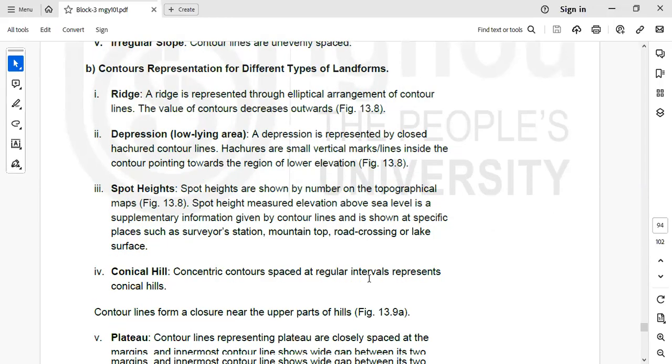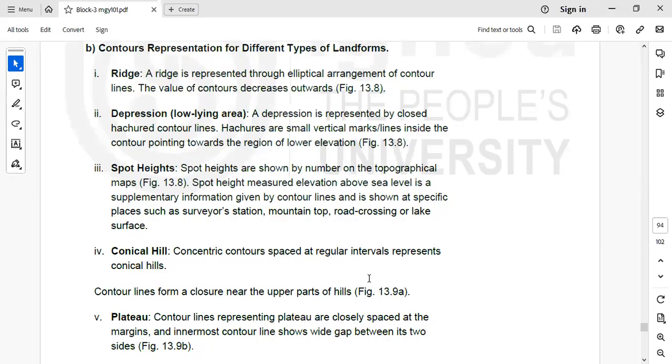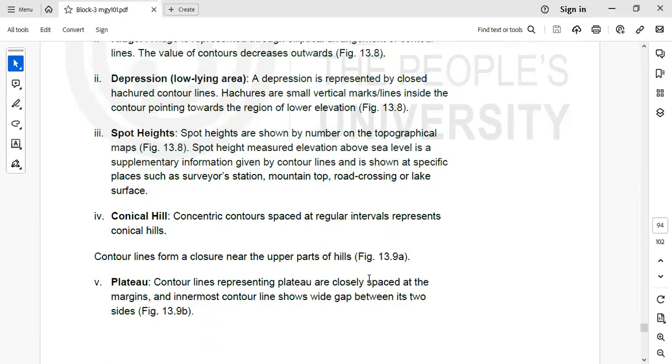So in case of conical hills, the concentric contours spaced at a regular interval represent the conical hills. The contour lines form a closer near the upper part of the hills.